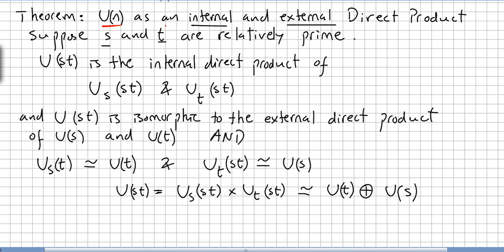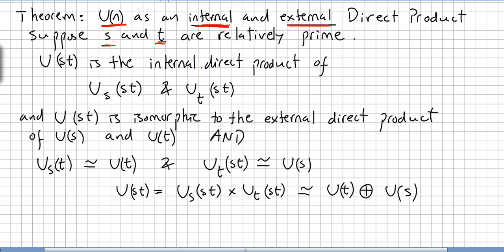The units modulo n as an internal and external direct product. So we are going to write the units modulo n as an internal and external direct product. Suppose s and t are relatively prime.